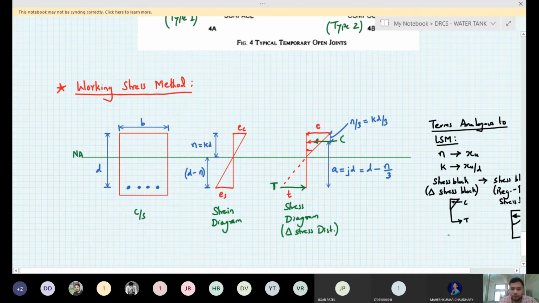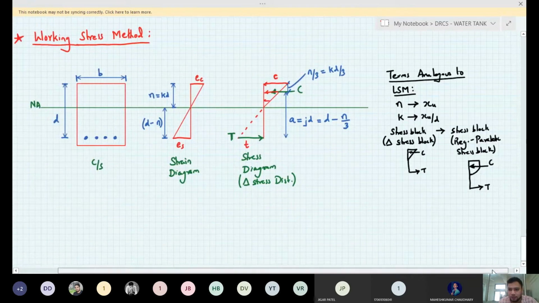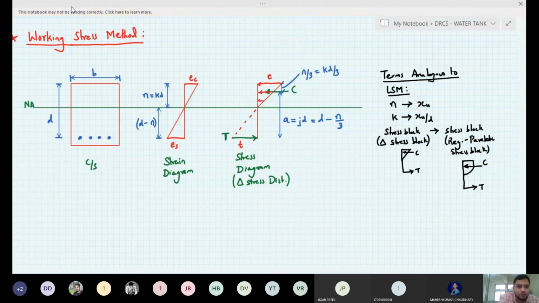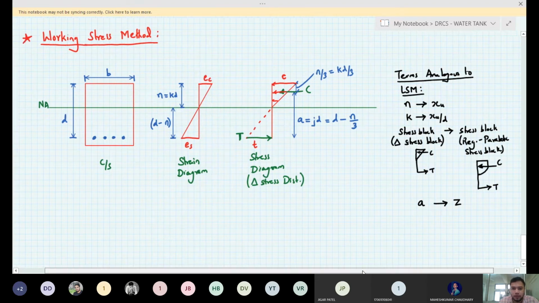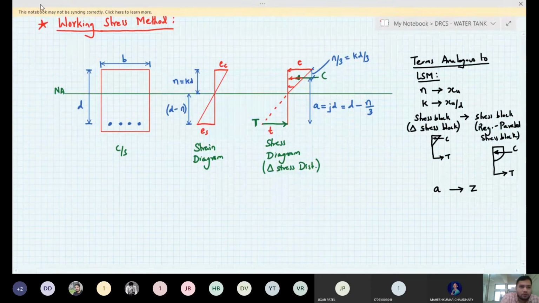So now we'll see again the term A here, which is analogous to Z in the limit state philosophy. Now let us use the triangular rule.